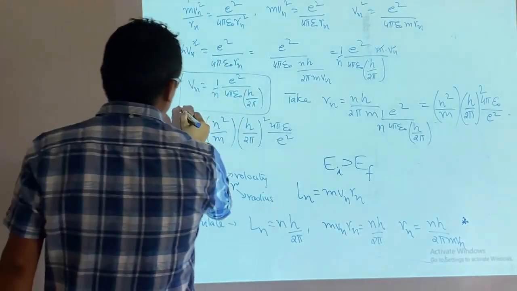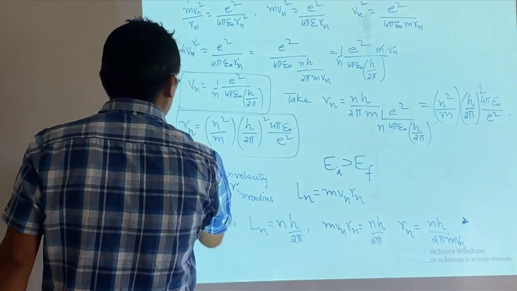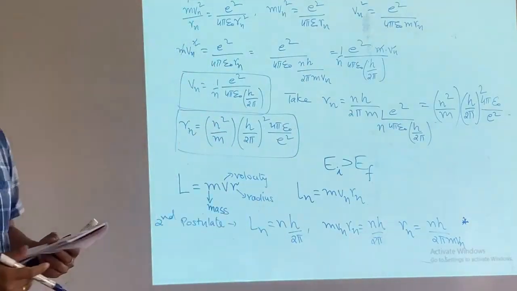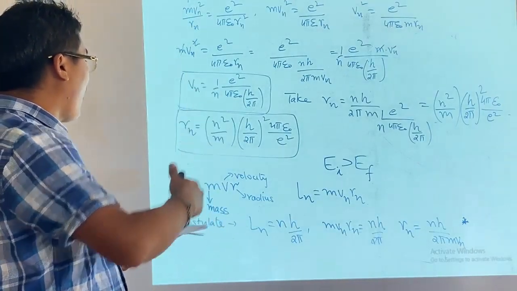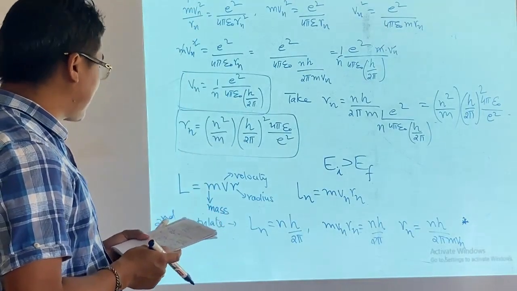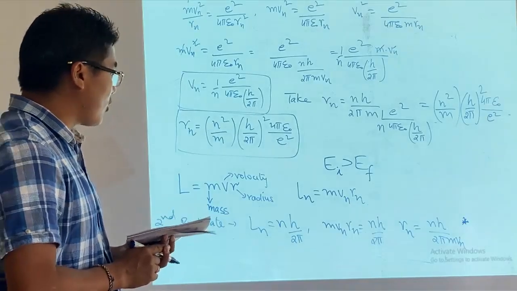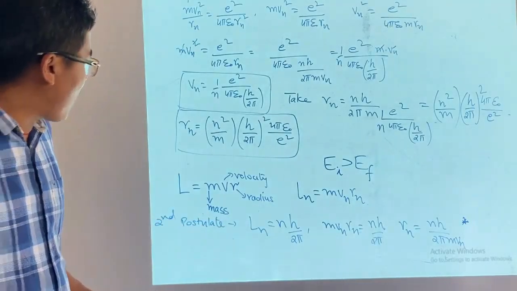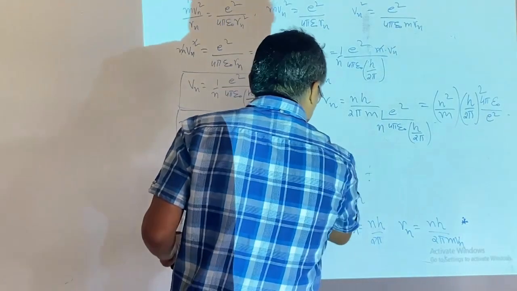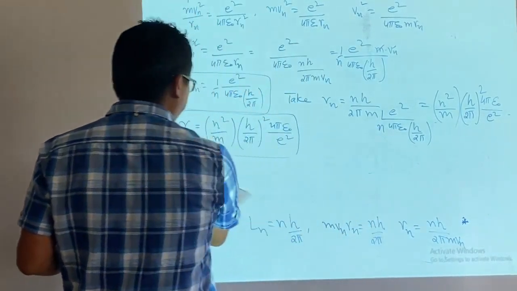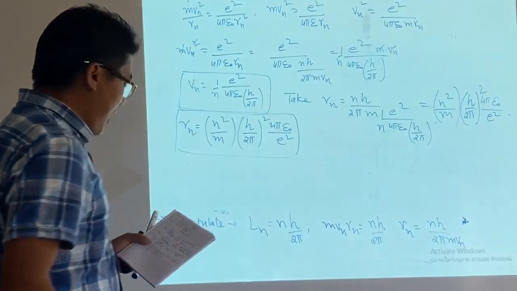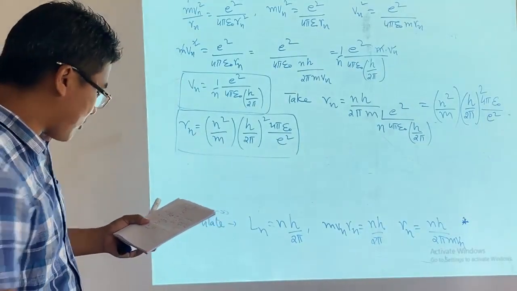This implies that as you increase the number of the orbit, the radius goes on increasing. Now all of these are constants. Everything is constant. m is the mass of the electron, everything is constant.